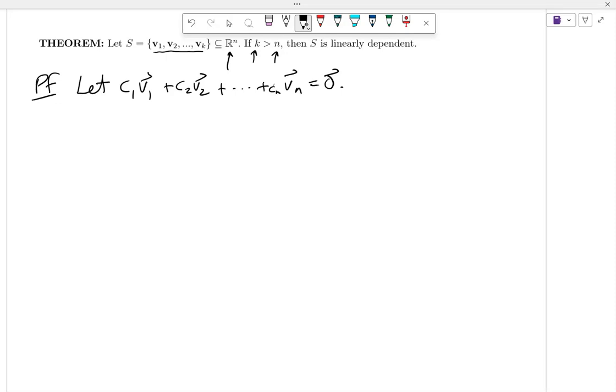Okay. Let's think about setting up our vectors here. So for notation, if we suppose that our v sub i is the vector, pardon me, let's say I'll use x's: x1i, x2i, out to xni.